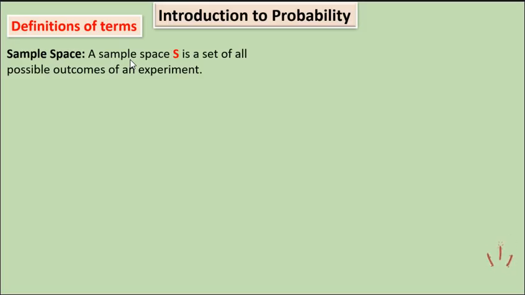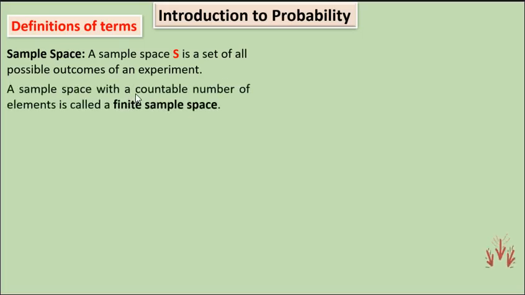For example, if I toss a die, what are the possibilities? On a die, I have 6 numbers, 1 to 6. So the possible outcomes are the set {1, 2, 3, 4, 5, 6}. So that's the sample space.